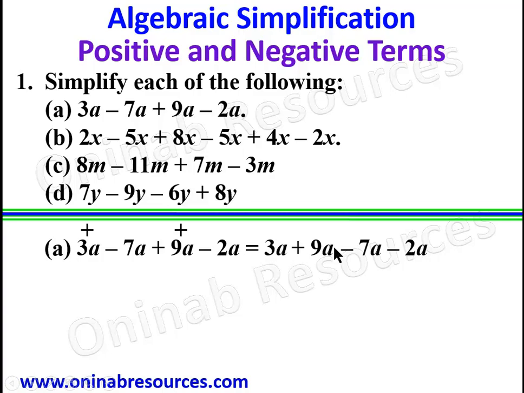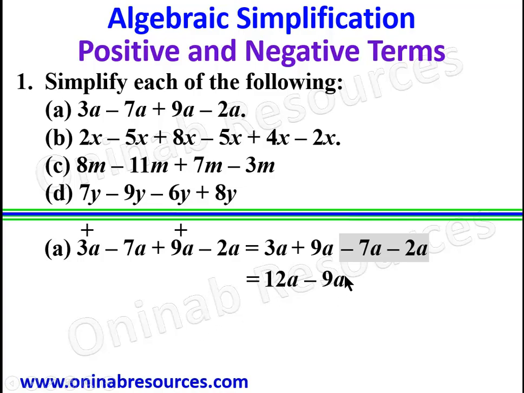We simplify the positive terms, that is 3a plus 9a, which gives 12a. Then we go ahead to simplify the negative terms. This is negative 7a minus 2a, which is as good as adding the numbers 7 plus 2. When we add 7 plus 2 and attach the negative, we now have negative 9a.